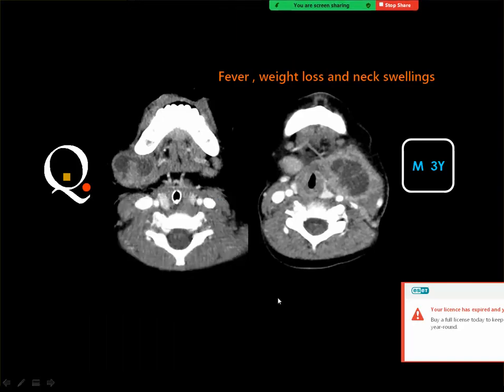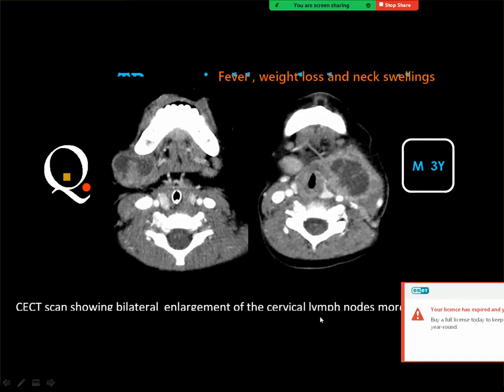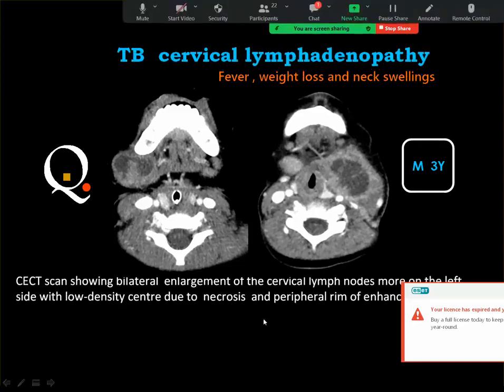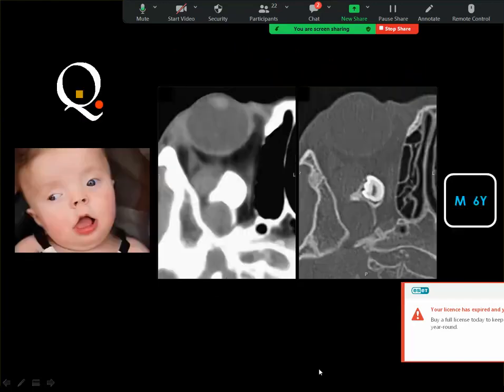Yes, these are lymph nodes, of course, because they are located at the anatomic sites of lymph nodes around the submandibular salivary gland and deep to the sternomastoid muscle. Necrotic nodes in the pediatric age group, consider TB, which is the most common cause of necrotic nodes in the pediatric age group. But in adults, necrotic lymph nodes can be inflammatory, can be metastatic. But in the pediatric age group, we think usually of TB, cervical lymphadenopathy.